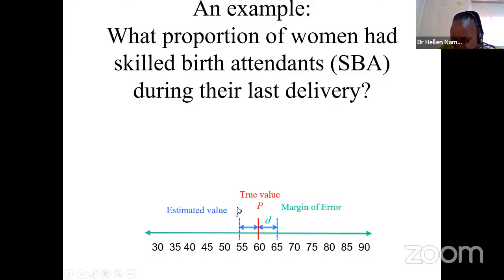And then the estimated value. Remember, the estimated value is picked from the sample. We are trying to see whether the estimated value picked from the sample corresponds to the true value from the population. I've got my D as the margin of error, and then I've got 60 and the estimated value as P from the sample.